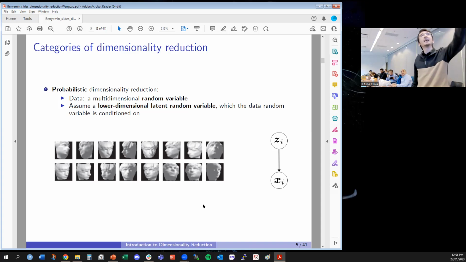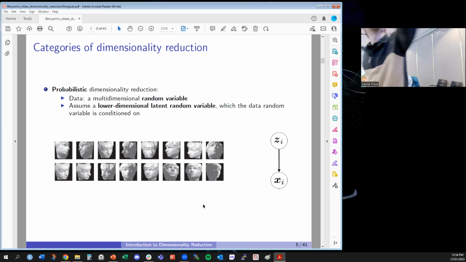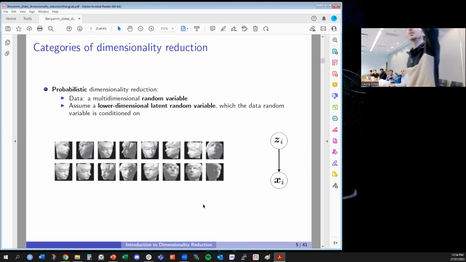So we can say that your observed data, which are the images xi, are conditioned on some latent random variable that actually plays the important role. Here the pixels are not important; the angle is important. So probabilistic dimensionality reduction says that I assume the data is a multidimensional random variable, but it's conditioned on a lower-dimensional latent random variable.